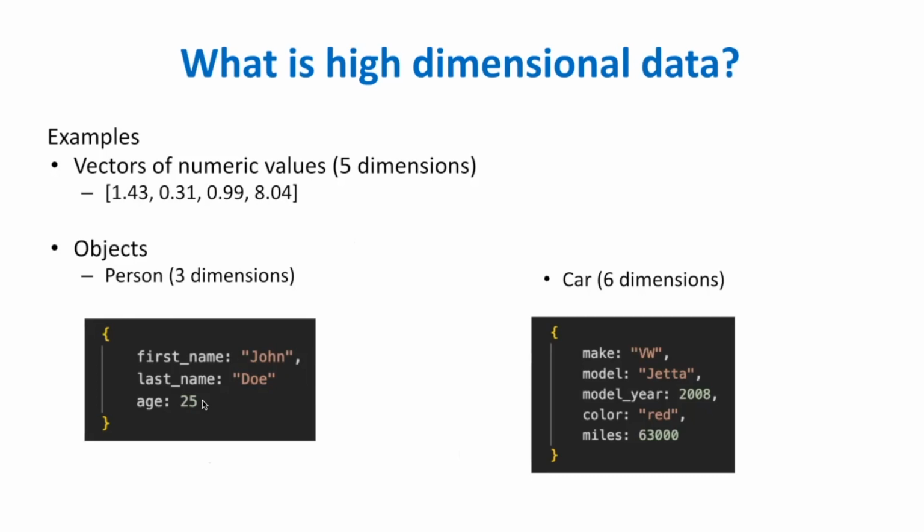But you can, of course, imagine many other dimensions to a person. And the same with a car. You can have a make, model year, color, miles driven, and so on. Usually if you deal with biomedical data, luckily enough, most of the time the data is numeric. That makes it much easier to deal with from a mathematical point of view.